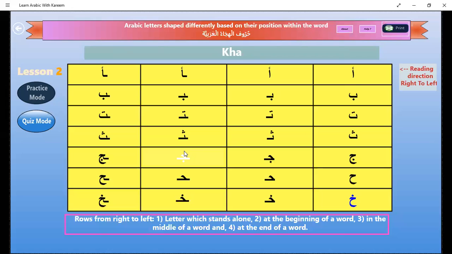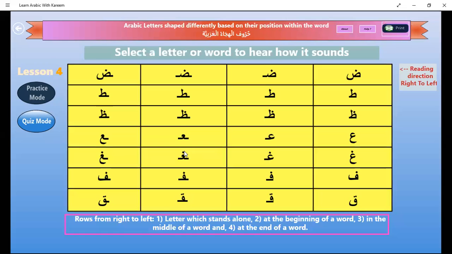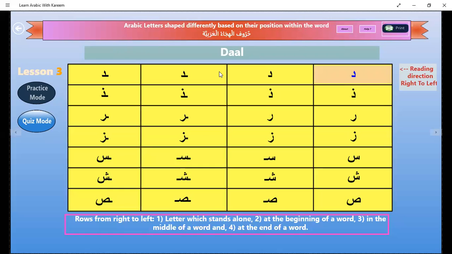That is, they don't pair with any letter after them. They only pair with letters from behind. For instance, we have Dal. Look at the first one here. This is Dal, the same way it appears in the beginning. Then in the middle, it appears this way, so something is joining from behind, from the right. But at the end, there's nothing joining it.